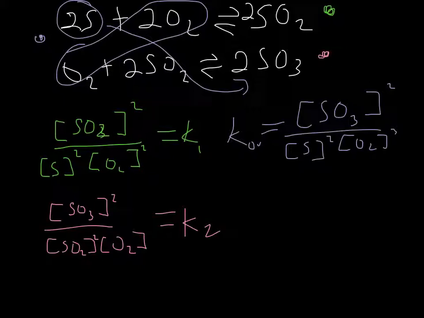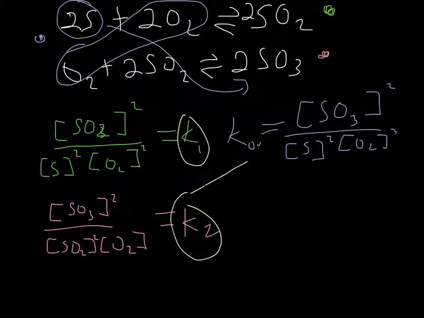Alright, so now you may or may not be able to just see this on your own, but this is K1 times K2 makes K overall. See? So if we multiply these out, SO2, they're going to cancel, right?